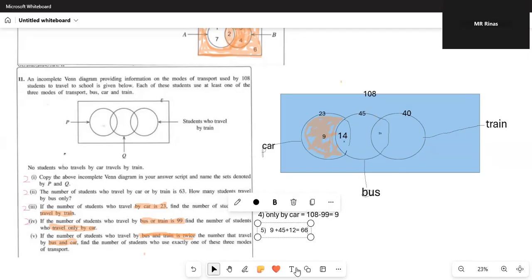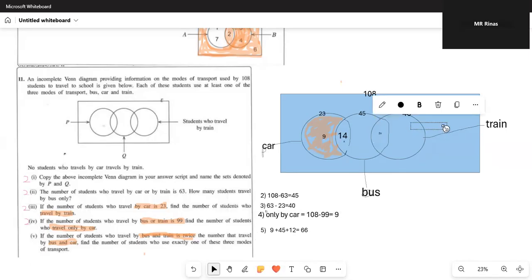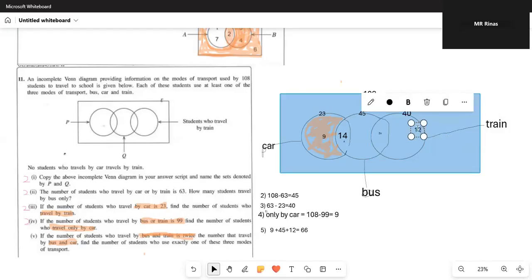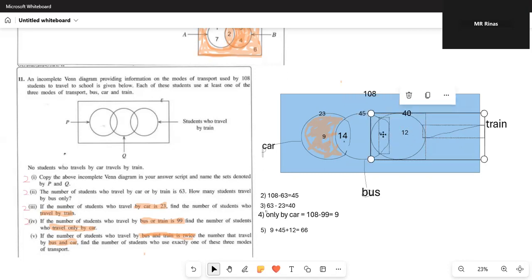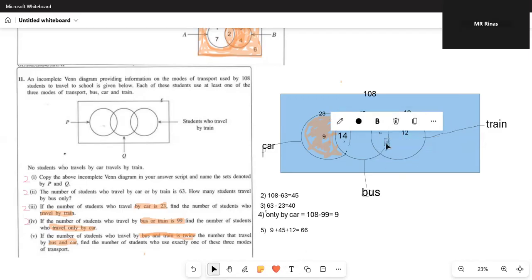Now here you know that this portion is 12. This one you know as 12. And this portion, 2x, twice the 14, is 28. So you know that.